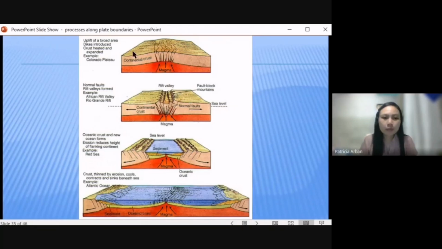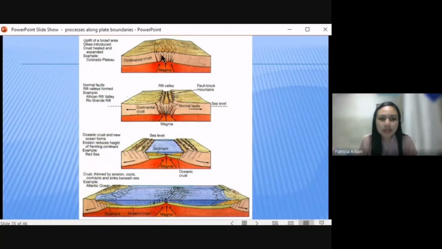Okay? Now, the picture here shows the separation sa continental crust. Ayan. So, what do you call this? The significant effect of divergence of plates is the formation of ocean basin or formation of ocean.